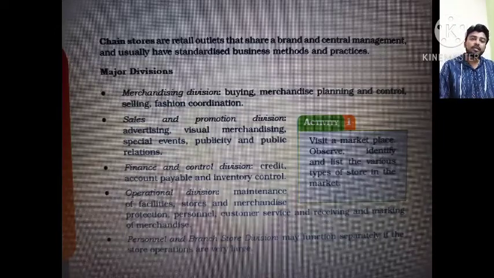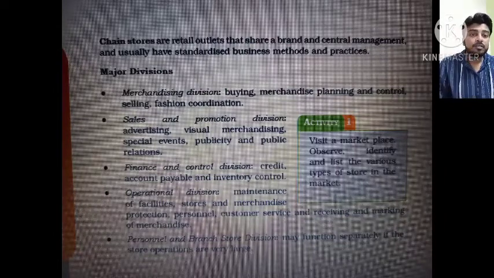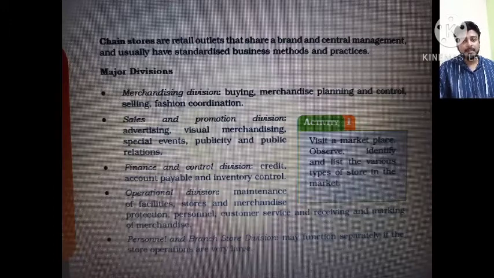Number 2 is sales and promotion division. As you all know, sales and promotion for a particular product or any material is very important in order to get influence in the market. So the sales and promotion division includes advertising, visual merchandising, special events, publicity and public relations. Now number 3 is finance and control division.